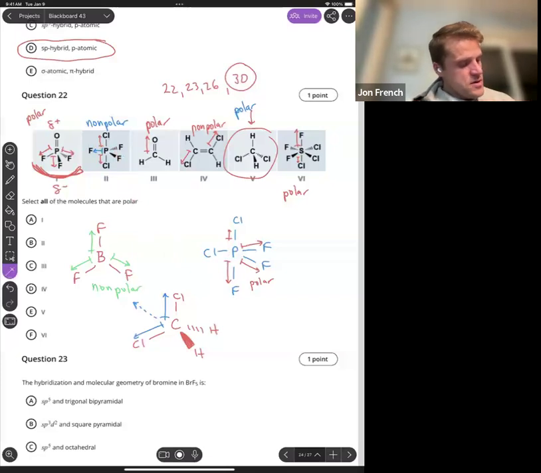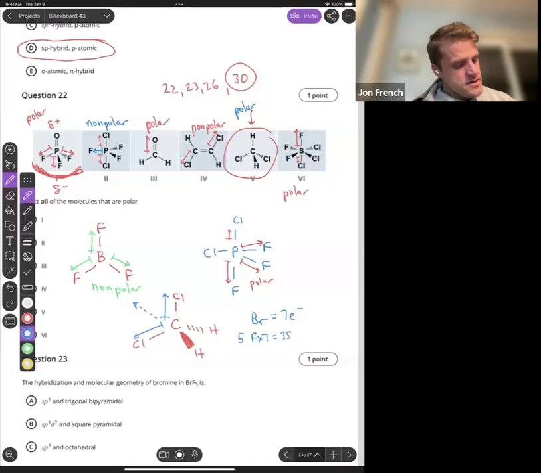Bromine pentafluoride, right? So bromine has got 7 electrons. I've got 5 fluorines at 7, so that's 35, that's 42 electrons. So I think we're going to end up with bromine in the center.